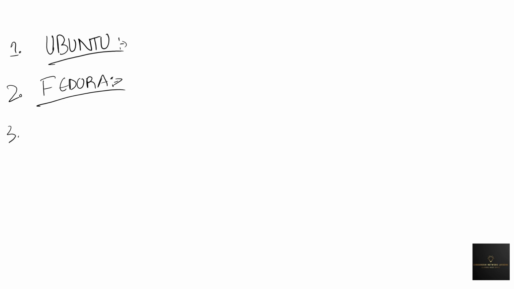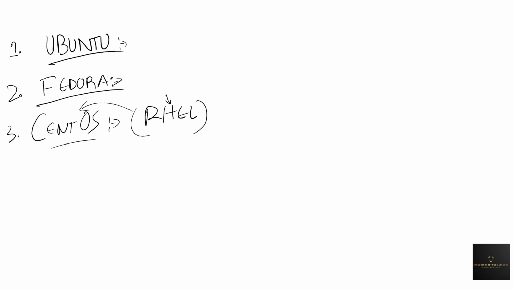The third one that you can start using is CentOS. This is totally based on Red Hat Enterprise Linux. RHEL is basically a paid version, but this is the free version. It might not have all the security features and other features that RHEL has, but CentOS will have at least some of its known features.